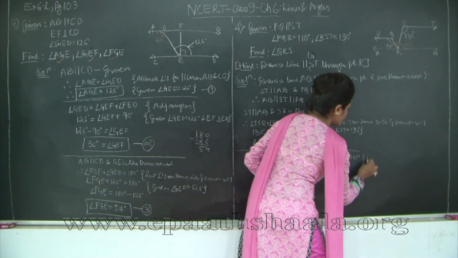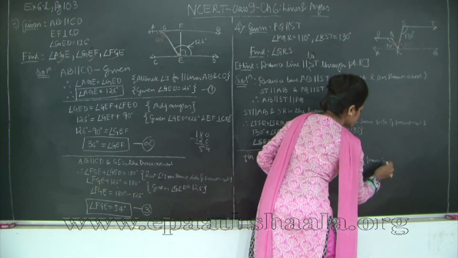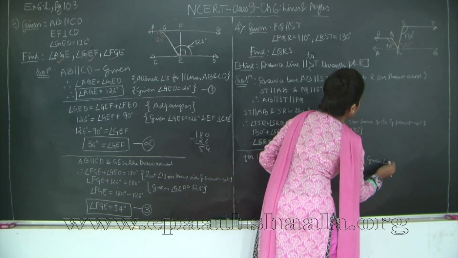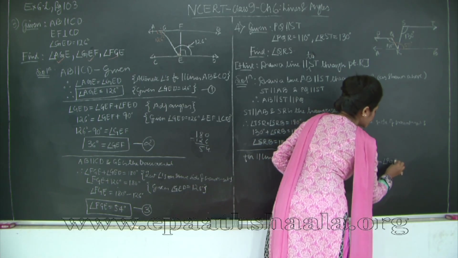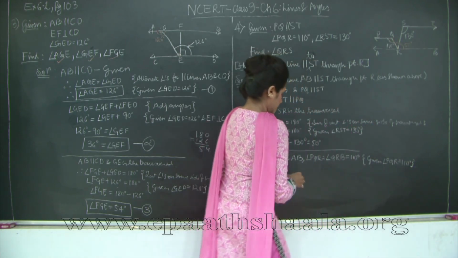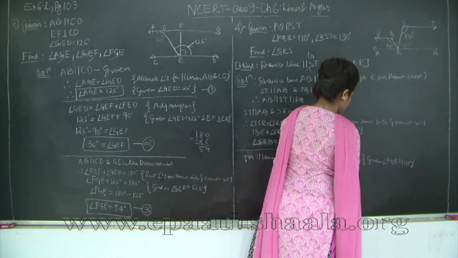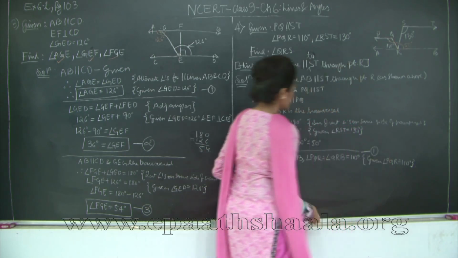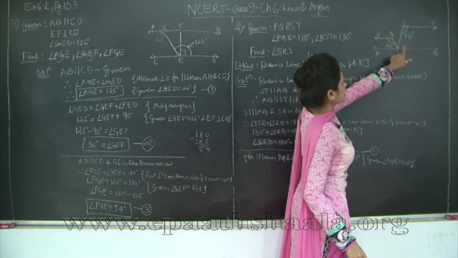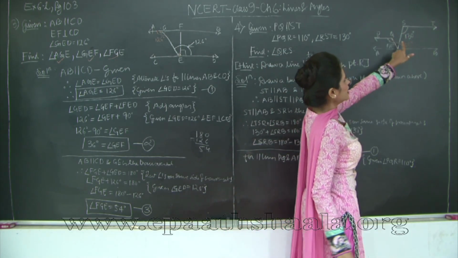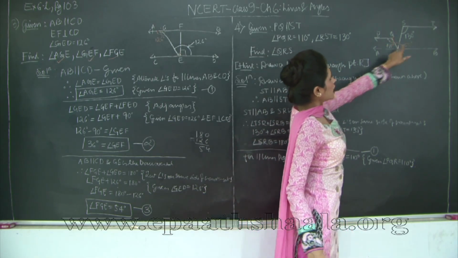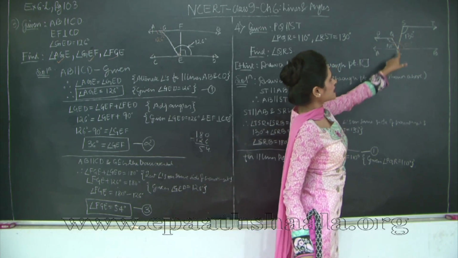So given angle PQR is equal to 110 degrees, and I will mark this as equation 1. So now angle QRB is equal to 110 degrees, therefore angle QRS is going to be 110 degrees minus 50 degrees, correct? Because angle QRB is the sum of angle QRS plus angle SRB.